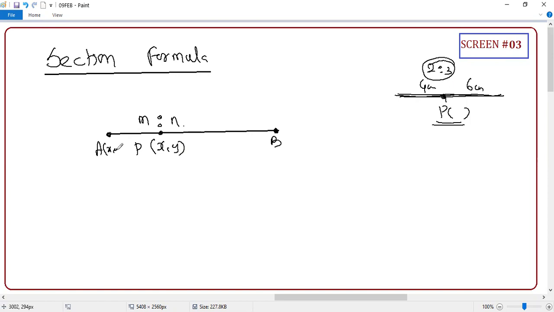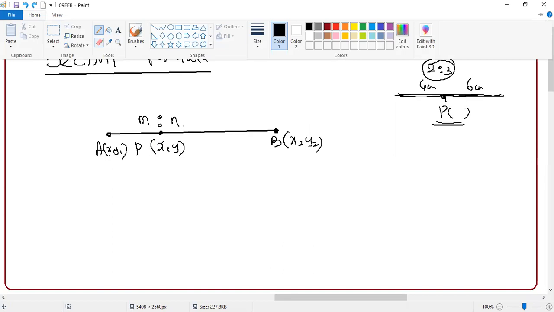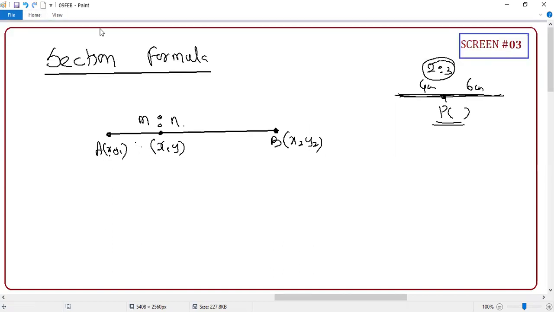In general, these two are known points: A is x1, y1 and B is x2, y2. Now the point P divides the line segment in which ratio? M is to N, like 2:3. Now what is this point?